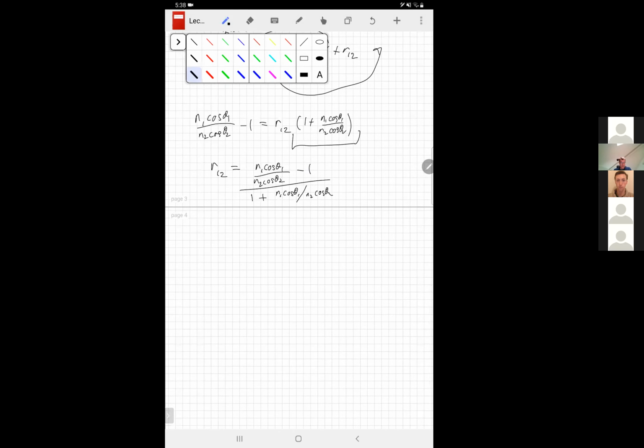I'm just going to multiply top and bottom by N2 cosine theta 2 to simplify it a little bit. And we get R12 equals N1 cosine theta 1 minus N2 cosine theta 2 over N1 cosine theta 1 plus N2 cosine theta 2. Any questions?